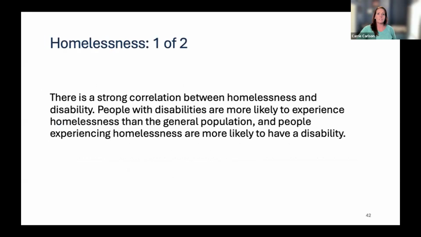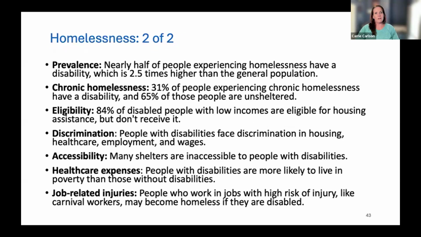And then homelessness, this is one of 2. There's a strong correlation between homelessness and disability. People with disabilities are more likely to experience homelessness than the general population, and people who experience homelessness are more likely to have a disability. And the second one, 2 of 2.